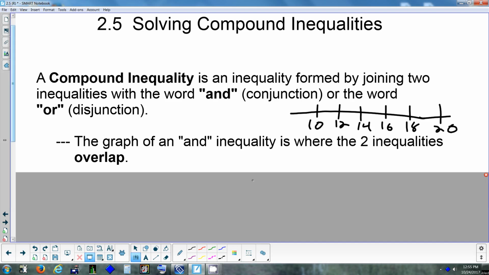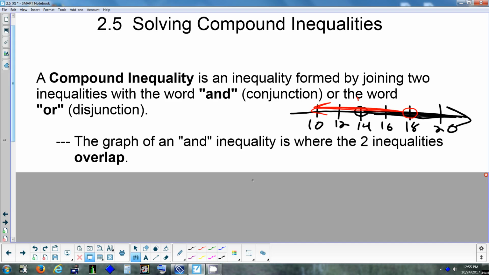Greater than. So older than 14 would mean we shade this way. Now, what else did I say? You had to be younger than 18. So that's less than. So there's 18. Shade left. Now there's a spot where they overlap.